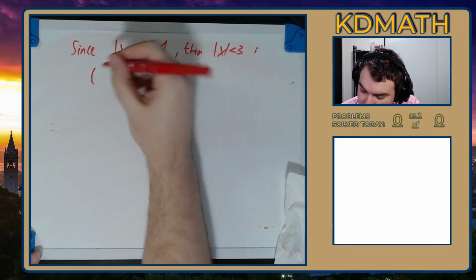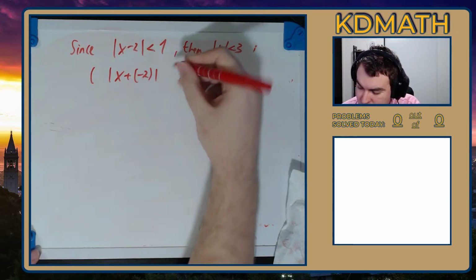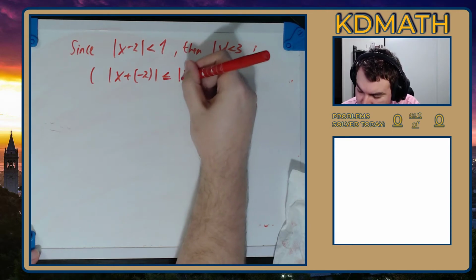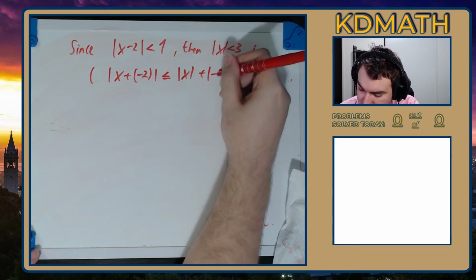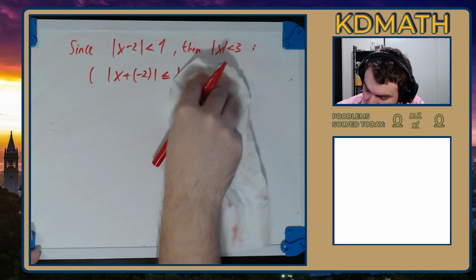Why? Again, by the triangle inequality, absolute value of x plus negative 2 is less than or equal to absolute value of x plus absolute value of negative 2.